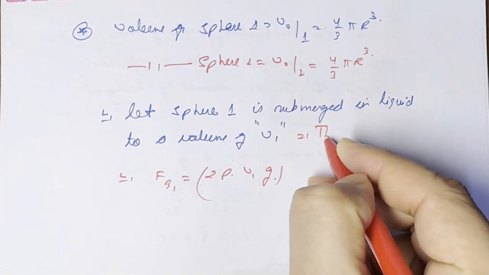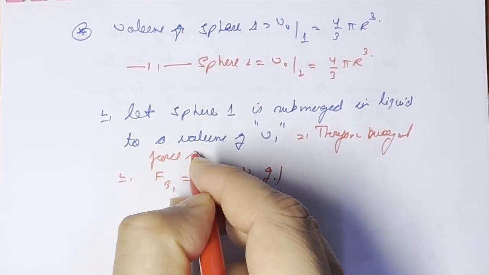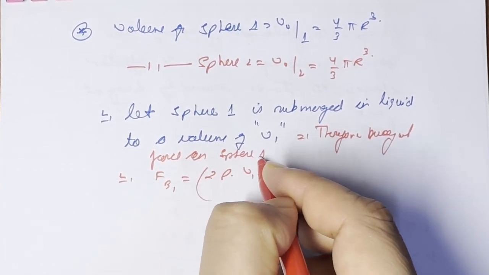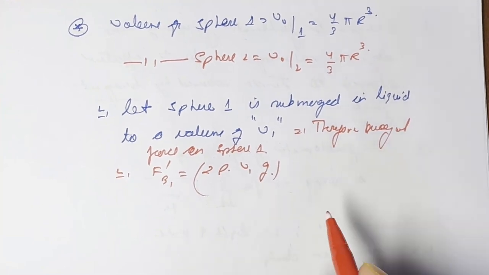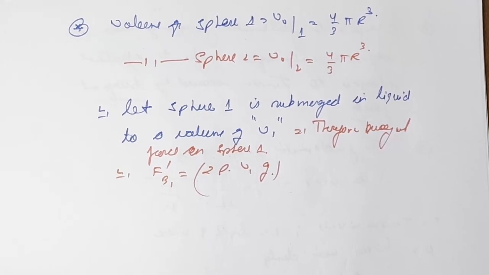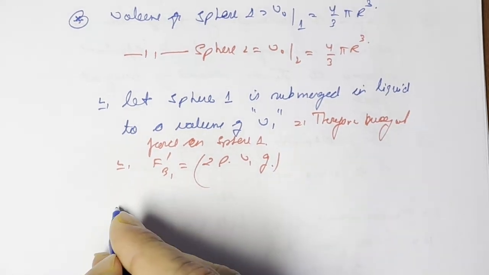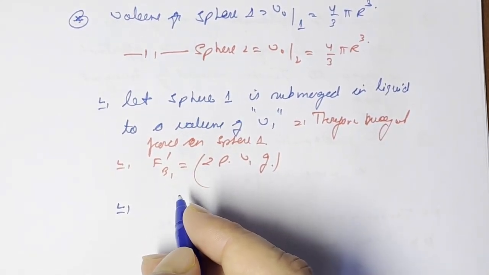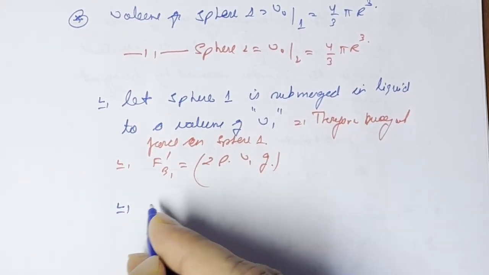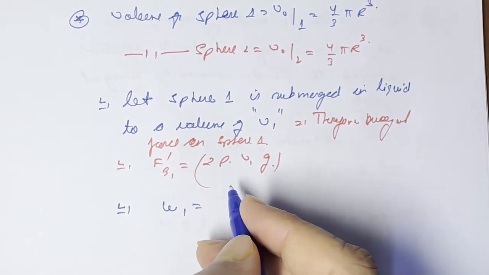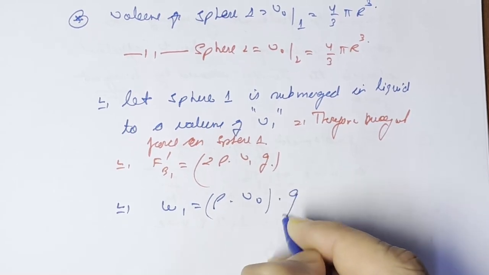So let me write here, therefore, the buoyant force on sphere 1, and let us call this FB1 prime for differentiation. The weight we calculated, W1, is rho V0 multiplied by g, written in the form of volume.